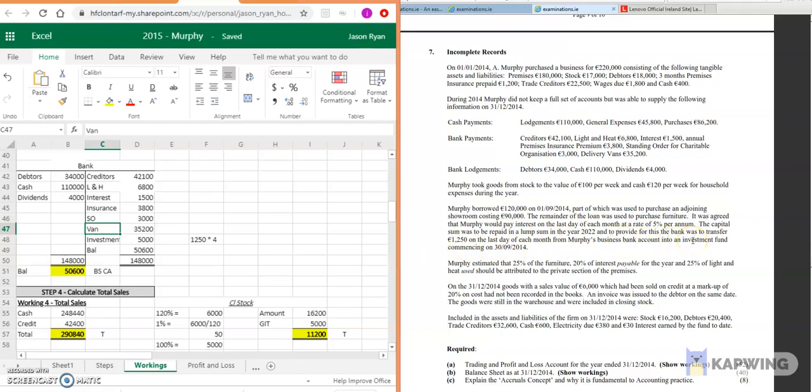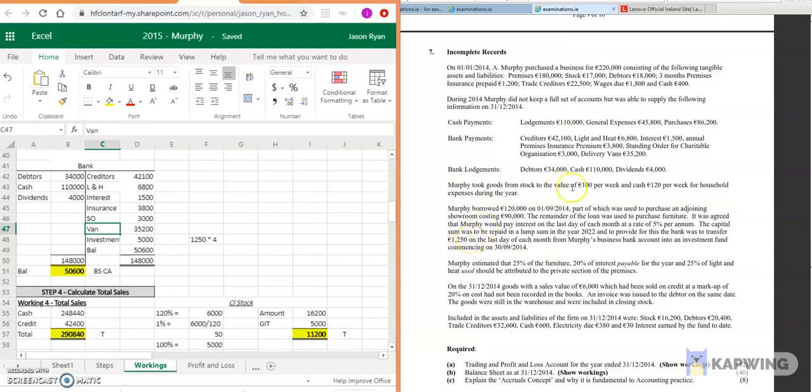So we've got interest to be paid back here in 2020, so we want to put money aside for that. So we're going to put it into an investment. The amount of money we're going to put into investment is 1,250, and we do that by 4 months.